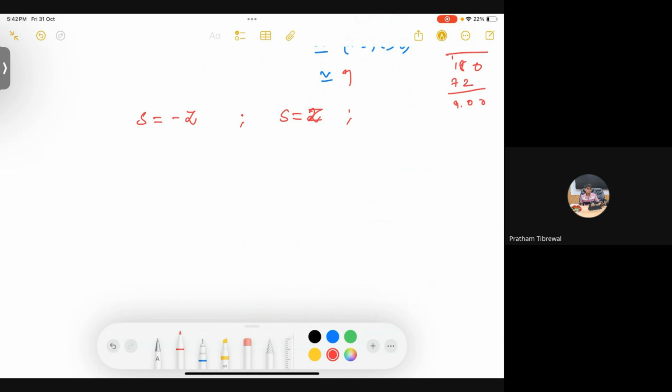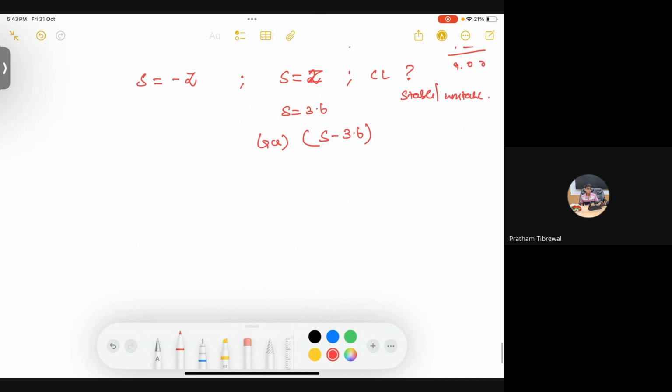Can you find whether the closed loop system is stable or not? Putting s equal to 3.6, it will be (s minus 3.6) into the whole G of s. Can you find the closed loop transfer function with this and tell whether the system is stable or not? K considered 1.